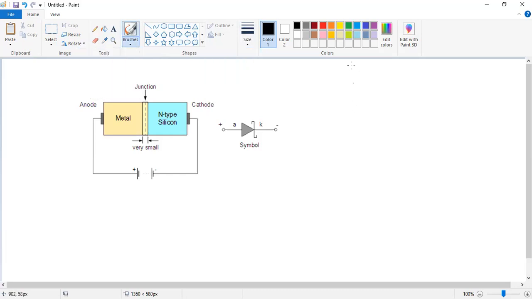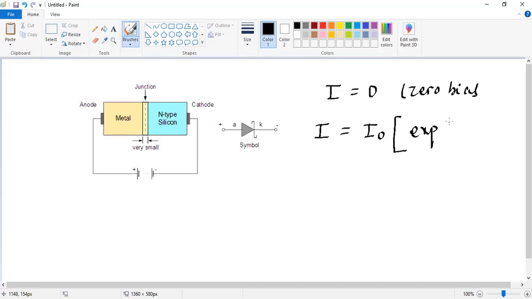Basically, if you remember, in zero bias we got the current is zero, and in forward bias we got I equals I naught exponential e to the power eVA, the applied voltage, divided by kT, minus 1.